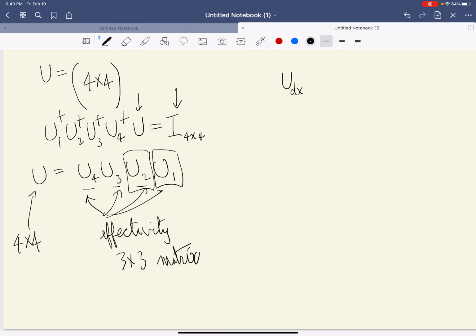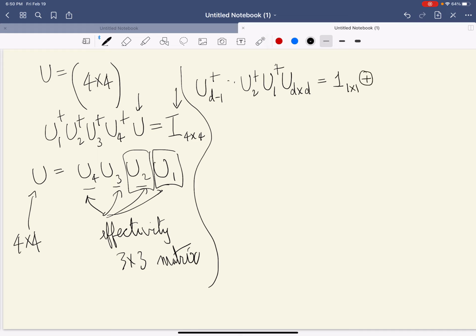I give you some d by d dimensional matrix, and then I'm going to multiply on the left hand side by a string of these matrices, with the result that it becomes a direct sum of a one-dimensional matrix and a d minus one dimensional unitary matrix.